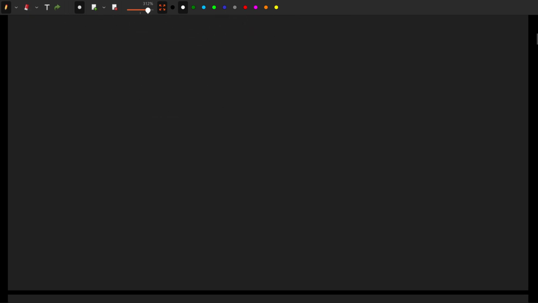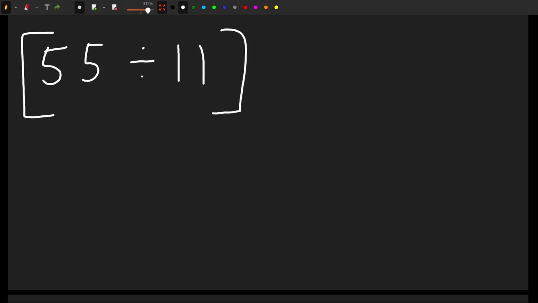We will have 55 divided by 11, and this is in brackets, minus 0.2 cubed. Okay, so we have to remember PEMDAS.